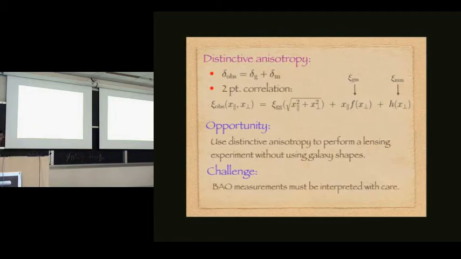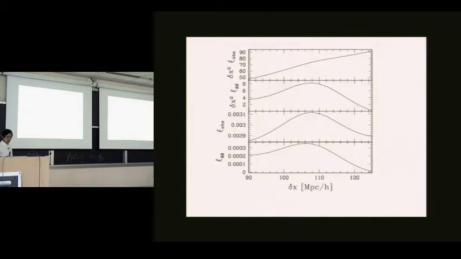This also presents a little bit of a challenge for acoustic oscillation measurements in the following sense. If you zoom in on the appearance of these baryon wiggles, let's just look at the lowest 2 panels. This is the two-point correlation function as a function of separation.